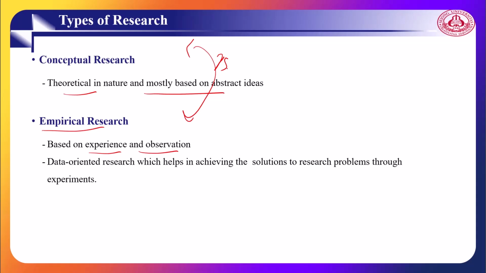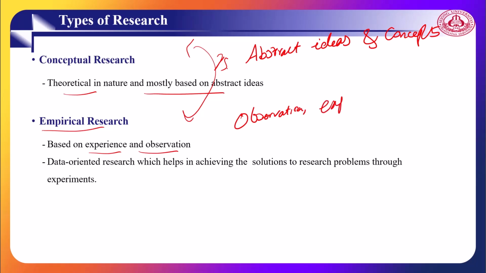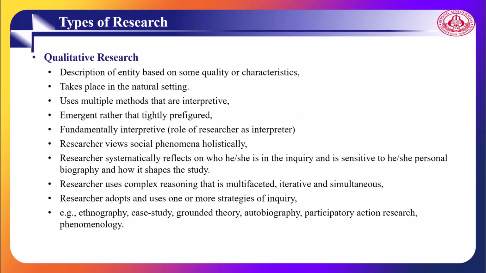So in here, we are working with abstract ideas and concepts, but here the research is based on observation, experiments, and verifiable evidence. Right? These are the differences between these two.